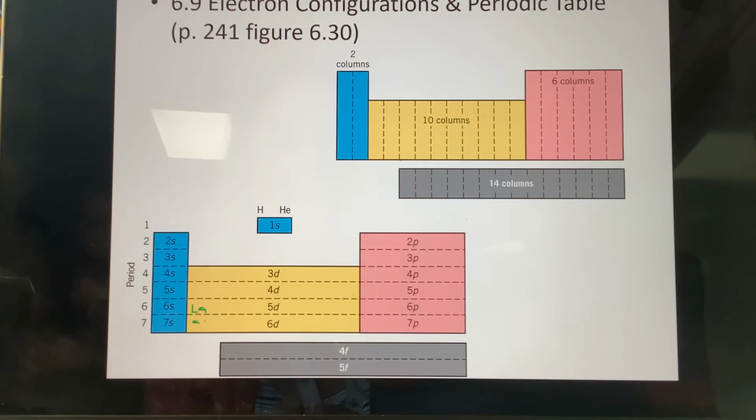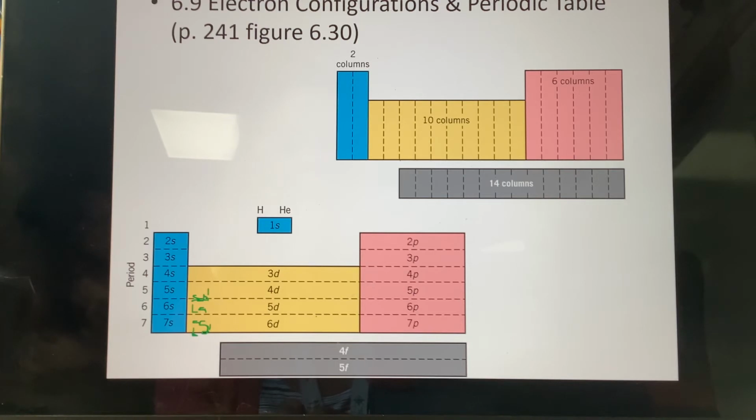Some periodic tables put them down here. Lanthanum is a 5d1. That's supposed to say 5d1. And actinium is a 6d1. So just be careful with those. And different sources put them in different places, and that's probably why you really don't have to worry about these for AP. But just so you know, lanthanum is a 5d1, actinium is a 6d1.